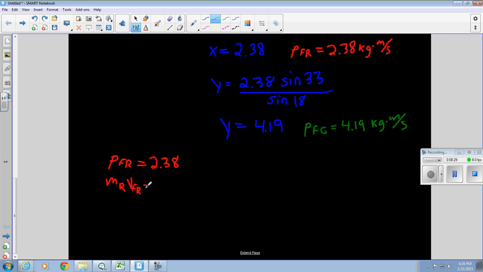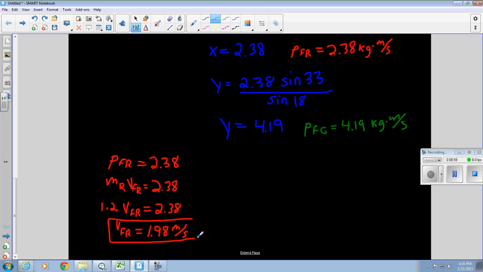That's equal to 2.38. We know the mass of the red ball is 1.2, so solving for VF, V final of the red ball, we will get 1.98 meters per second.